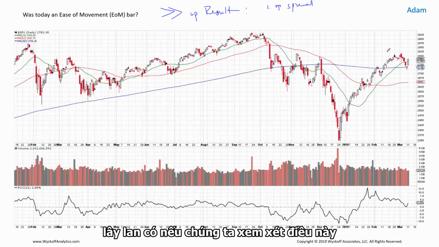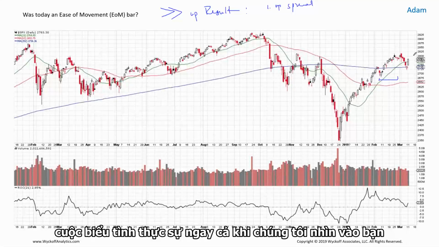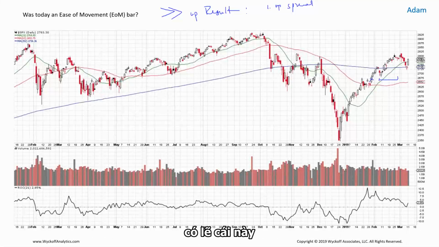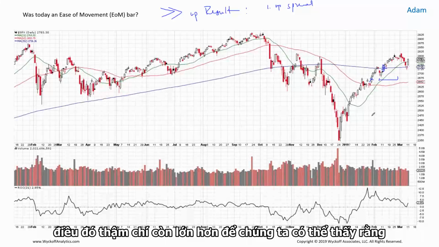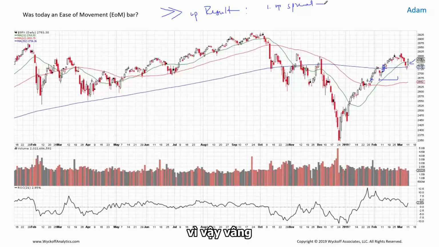Any up spread? Yeah, if we look into this area right here on the last rally, actually, even if we look at some of the prior spreads as well, maybe this one is a true range that's even larger. So we could see that in the last month or so, this is the best bar. So yes, check.